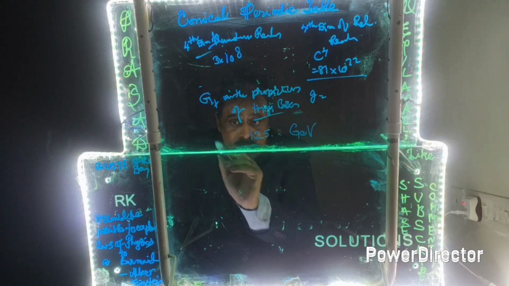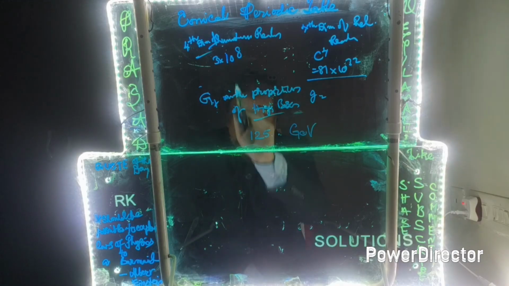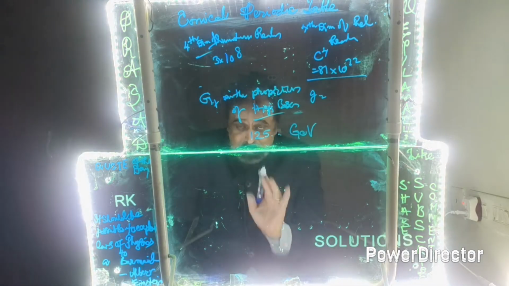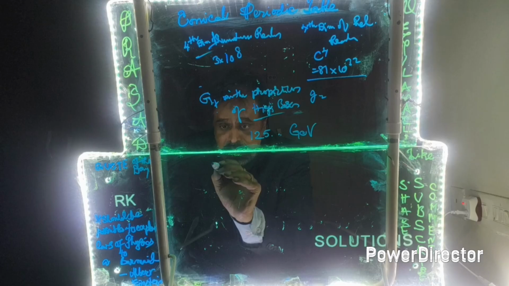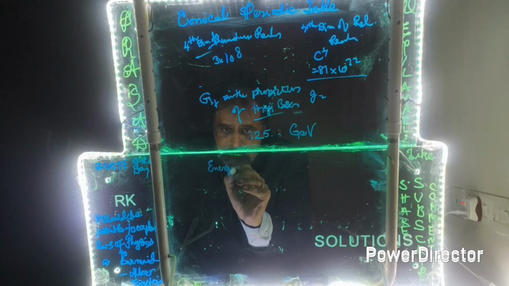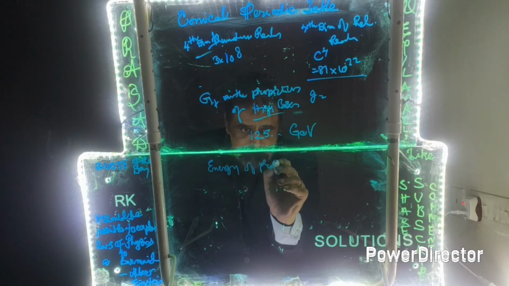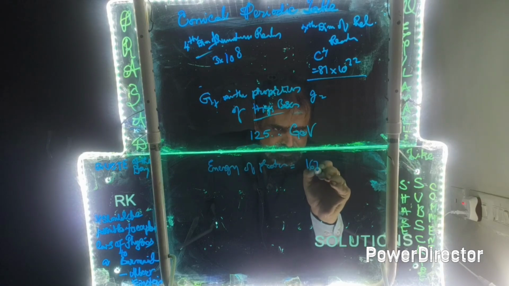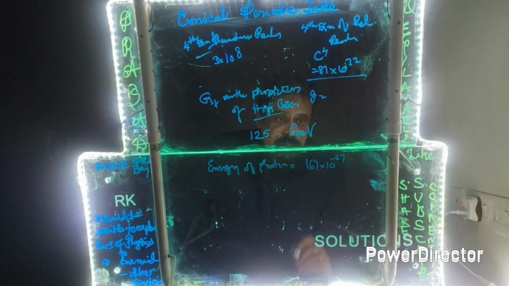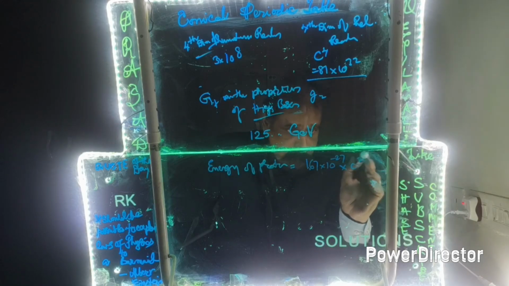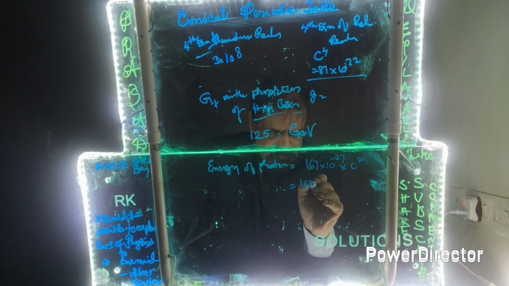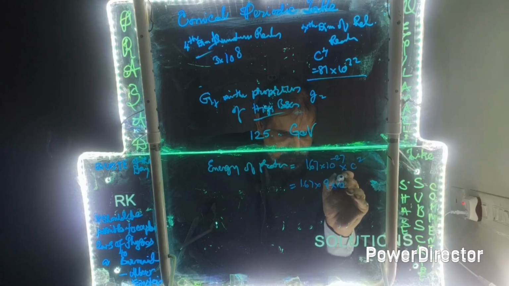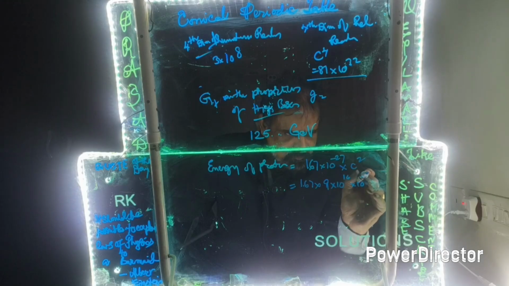This graviton, if you compute the same way, I have come up with another way to compute this thing. Let us take the energy of a proton equal to mass 1.67 into 10 raised to minus 27 into c square, equal to 1.67 into 9 into 10 raised to 16, minus 27.